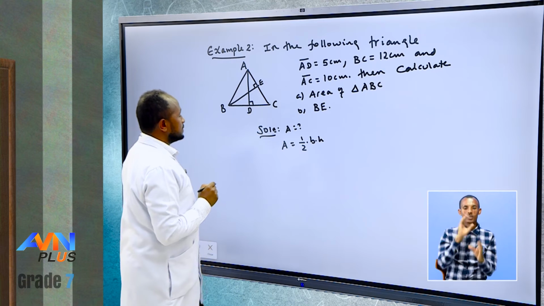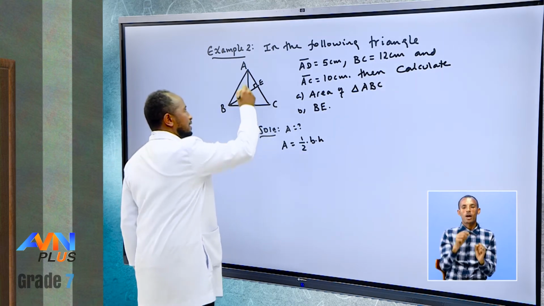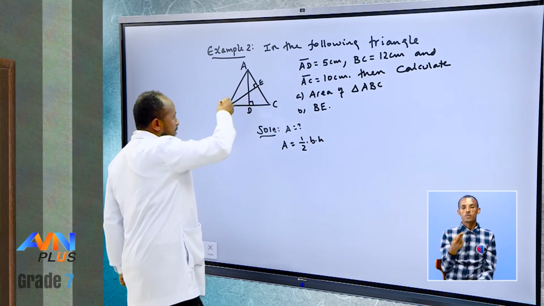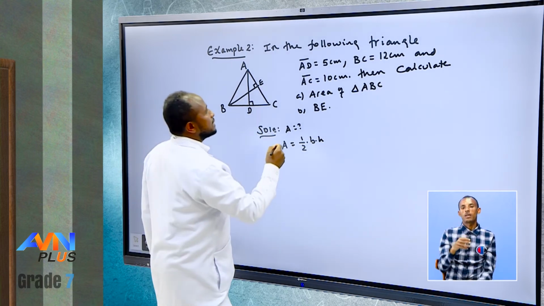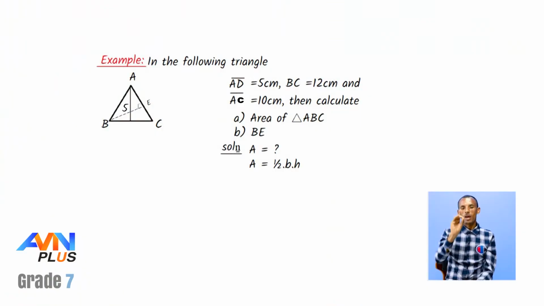To calculate this area, you can use this base and height, or you can use this base and this height BE. So first let's put the numbers here. This distance AD is 5, this length is given.